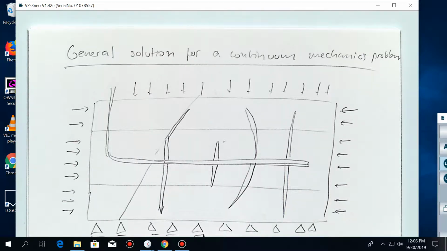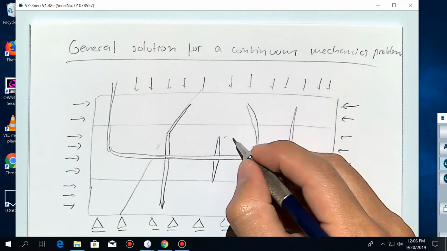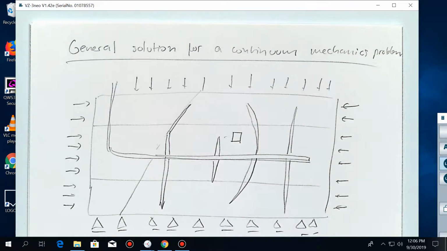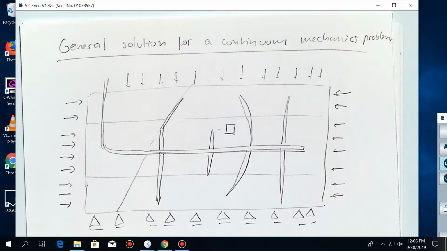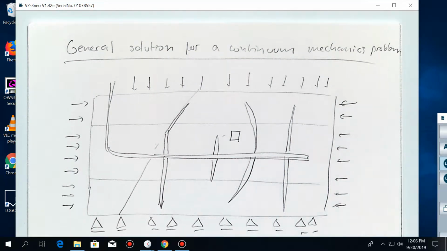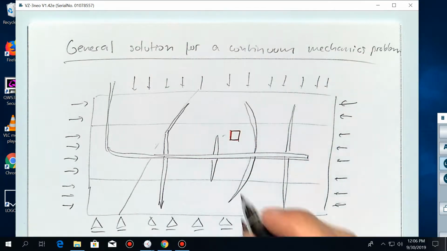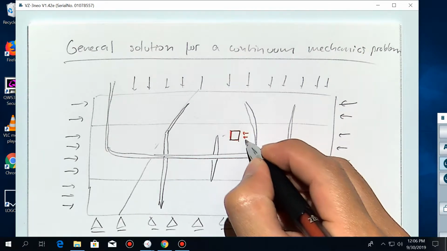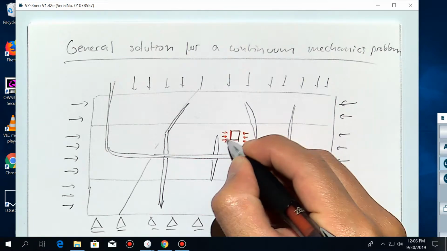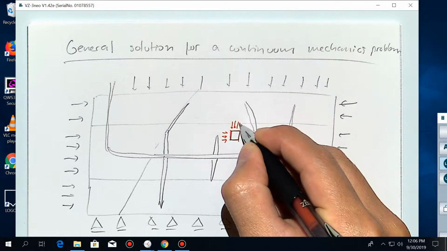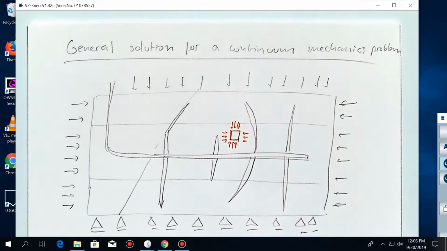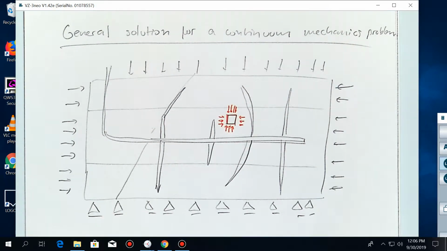And I give you all of this, and then I tell you that I want to know what is the stress in a place like somewhere over here after you do the fracturing. Or I want you to predict what is going to be the shape of the fractures based on the initial state of stress. Do you think you're ready to do that with what we have seen so far?